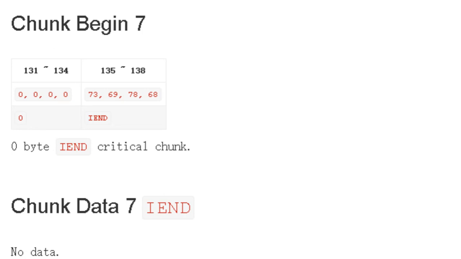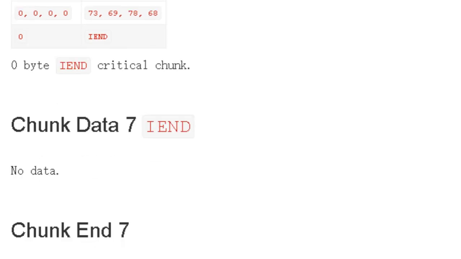The first one is 0, and then it spells out IEND in ASCII for those last 4 bytes. 0 bytes, IEND critical chunk. There may be a constraint that says the chunk should always have a length of 0, and that's why you're seeing those 4 zeros right here. I can't quite remember, but I have a foggy, vague suspicion that I read that somewhere.